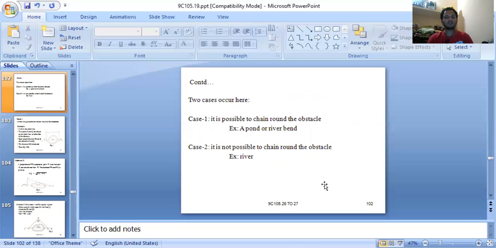For example, if there is a pond, then we can do the chaining operation around the obstacle. Sometimes it is not possible to chain around the obstacle, something like a river. In these two cases, we have to measure the required length.